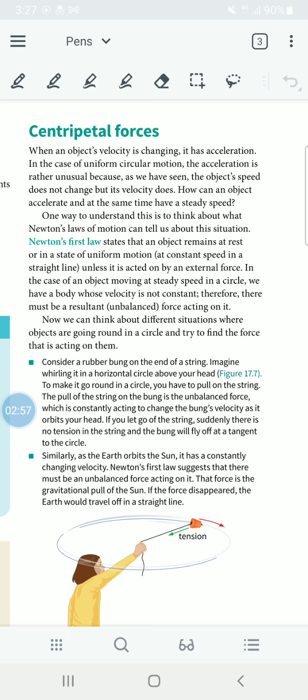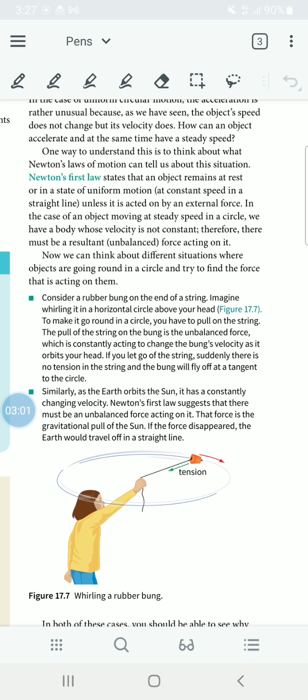So now let's take this situation. A rubber bung is attached to the end of a string and it is being rotated. If you do that, you will actually realize that there is a pull on your hand. That means there is a force acting towards you. This force, this tension on the string, is towards you. So that is the force that is acting.